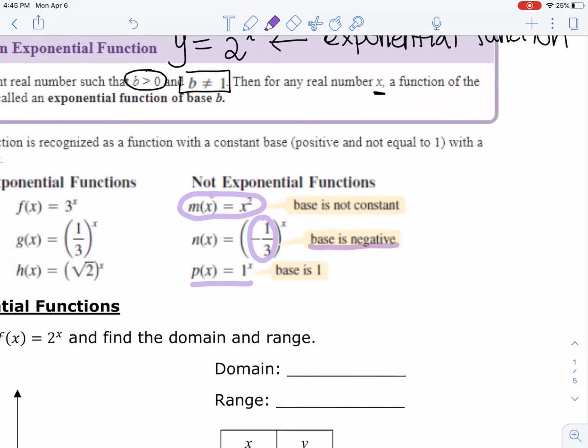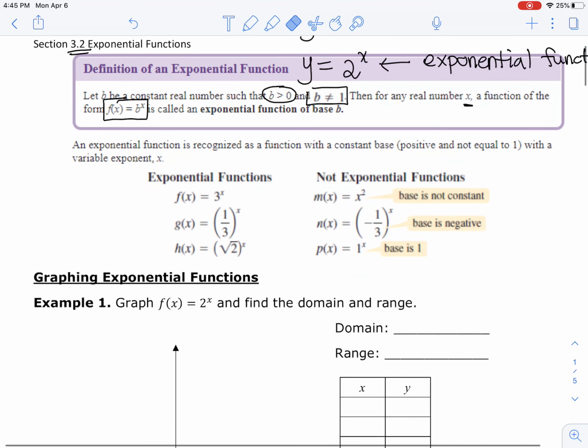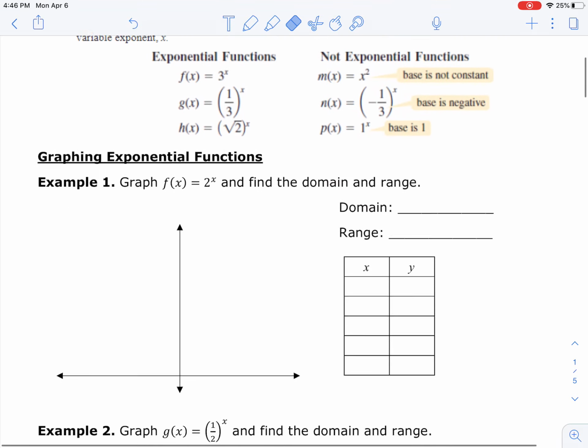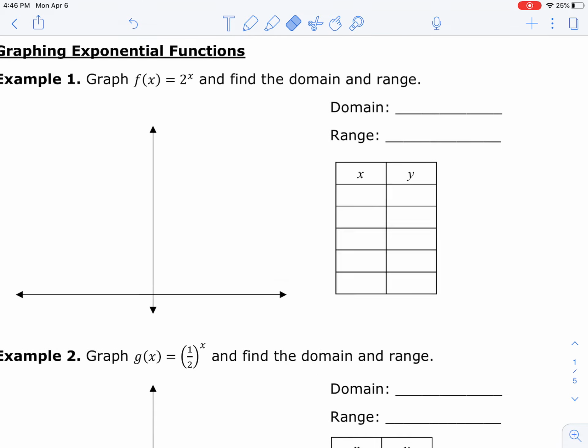It can't be 1, but it has to be positive. All right, last one, p of x equals 1 raised to the x power. The base cannot be 1. So, just a couple of examples of what are exponential functions, and we also saw a couple of the other ones that are not considered to be exponential functions.